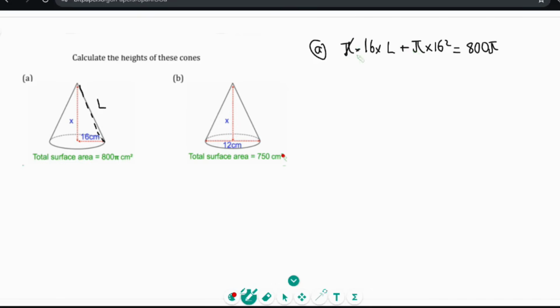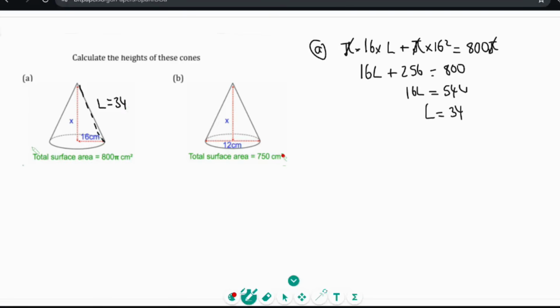I'm going to divide through by pi and work some of it out. So 16L plus 16 squared equals 800. Right, I'm going to subtract 256 from both sides, divide both sides by 16. Gives us L is 34.